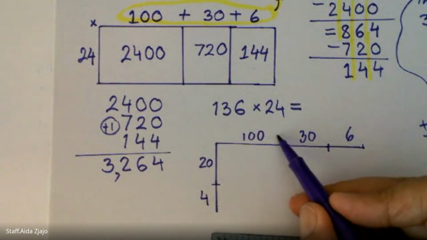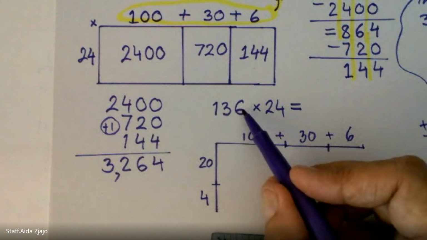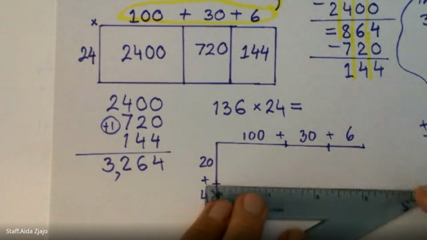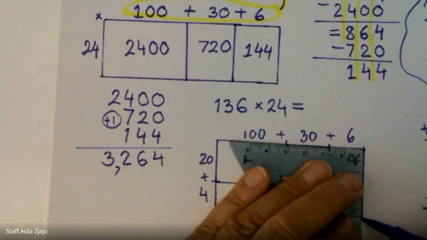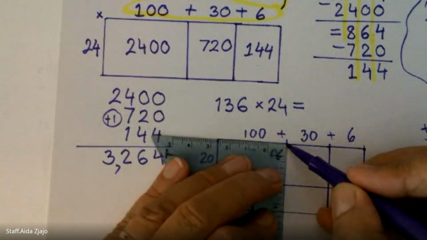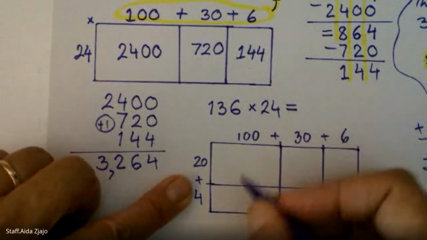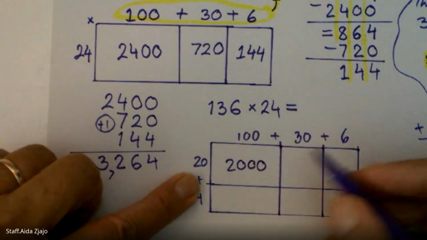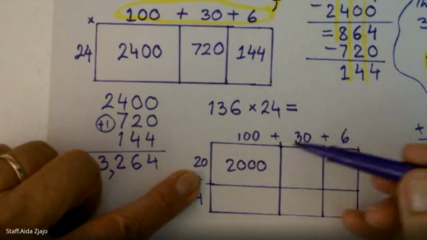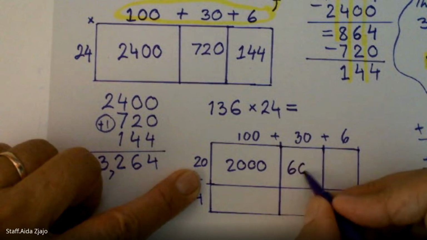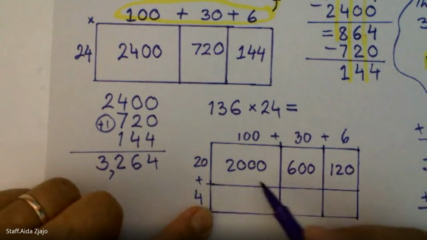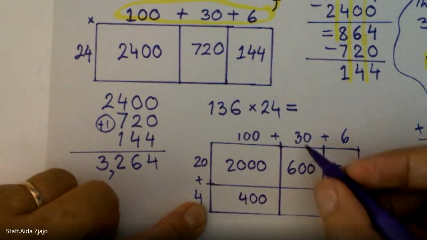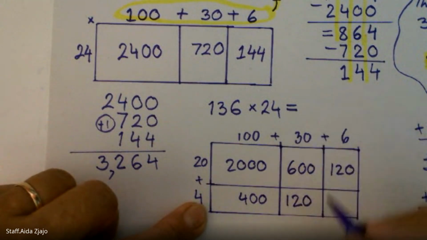Okay, so now I have 136 times 24, and I have my areas, so I can prove to you how multiplication is connected to division. Okay, so 20 times 100 is 2000. 20 times 30 is 600. 20 times 6 is 120. 4 times 100 is 400. 4 times 3 is 12, and times 10 is 120. 4 times 6 is 24.